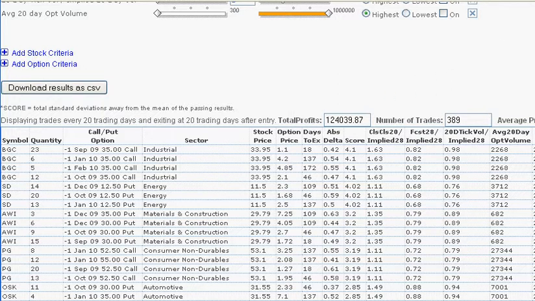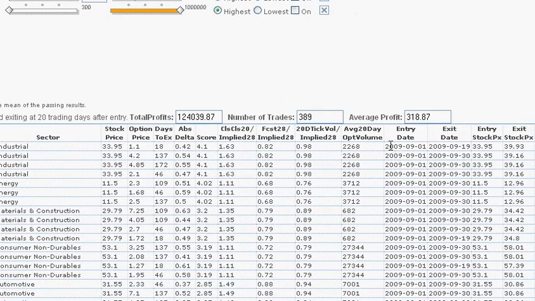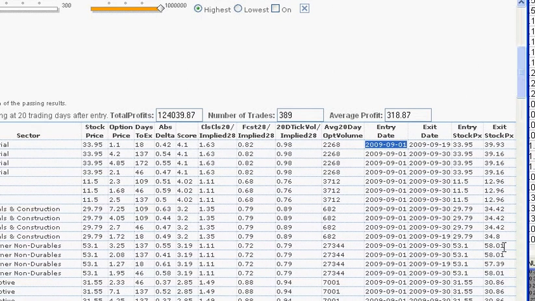And so what we'll see, I'll move this over a little bit here, is at the entry date we go back. This is when our database currently starts, in September. We enter the 1st of September and exit the 19th. Let's see here.